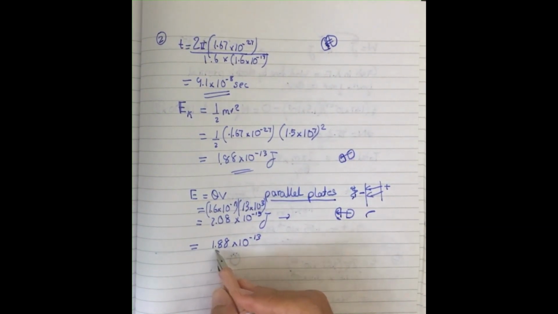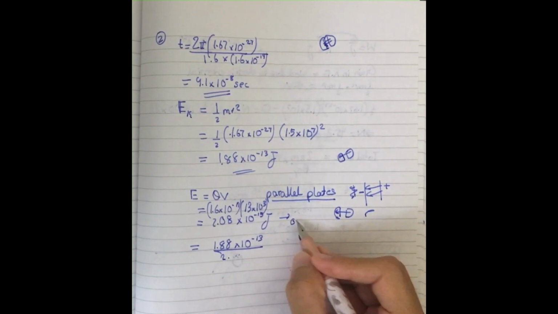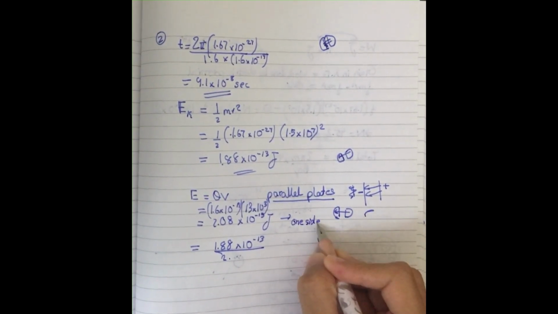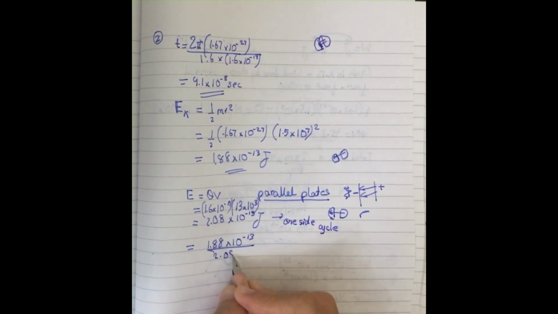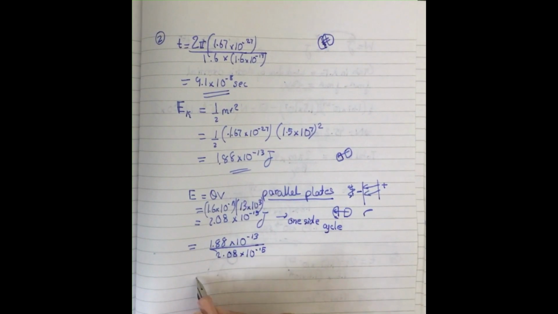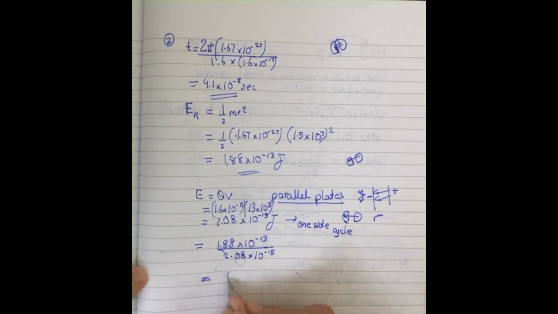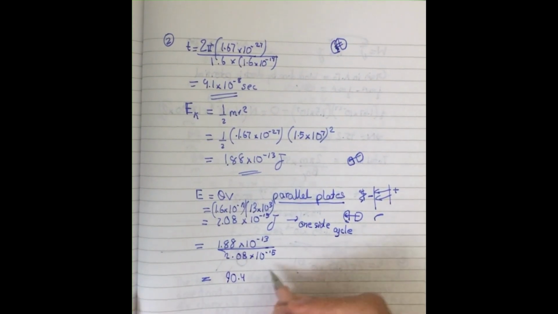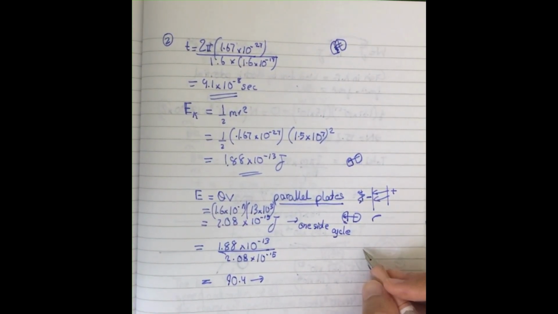So this is our total energy, and we divide by the energy for just one side cycle, 2.08 times 10 raised to power minus 15. Then you get the number of turns, which is 90.4. This is for only one side, but if it wants to go 360 degrees, it takes 2 turns, 2 orbits.